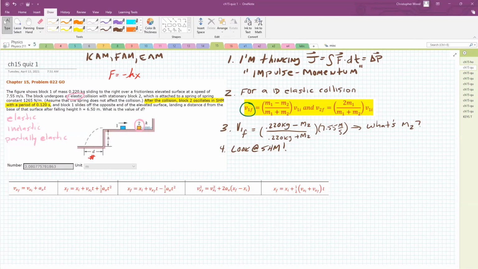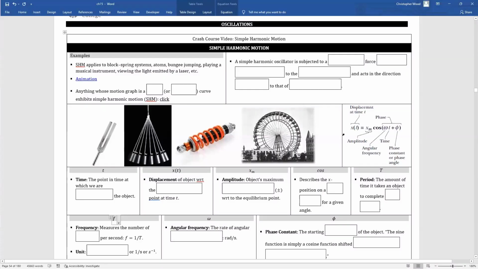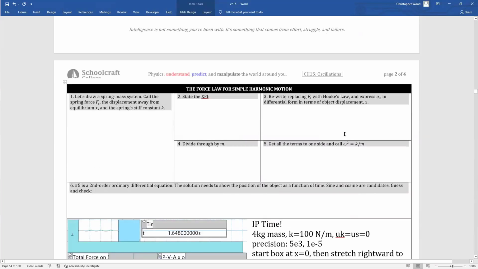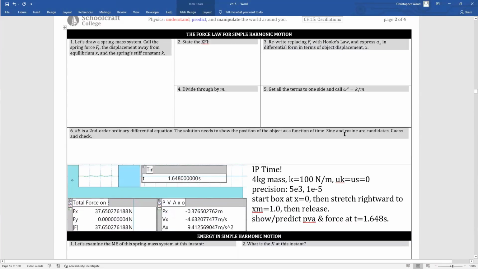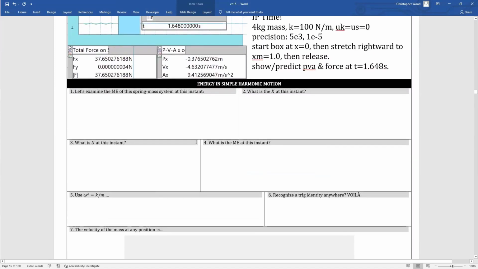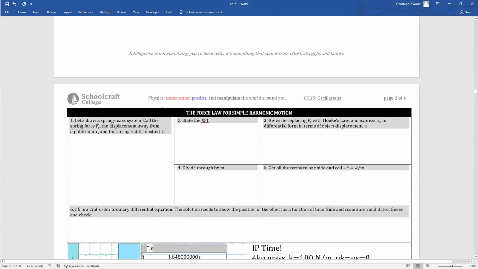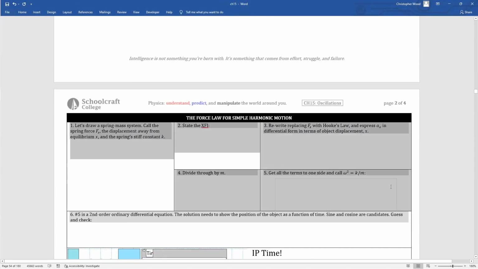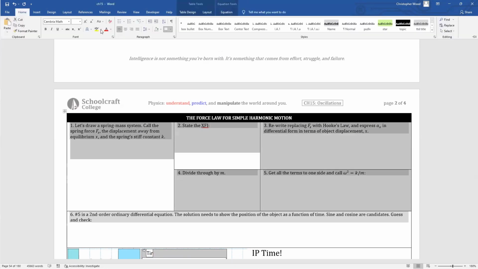Simple harmonic motion starts with that restorative force. Here are your lecture notes, with lots to talk about, but I'm going to go right to this page here.